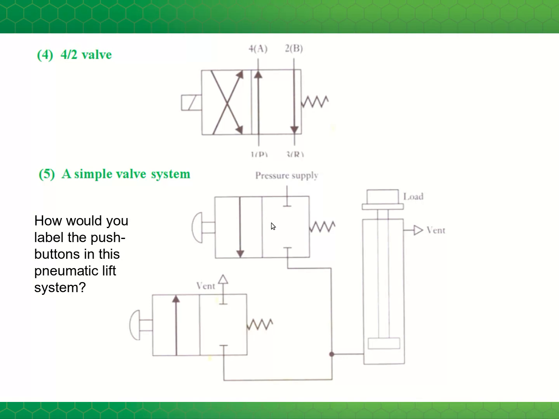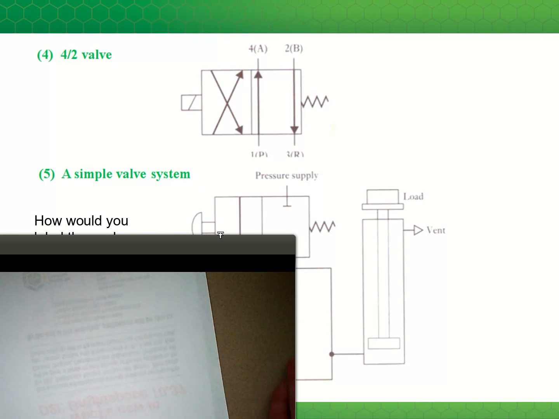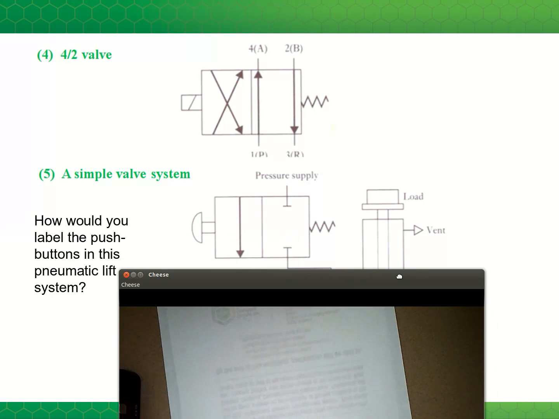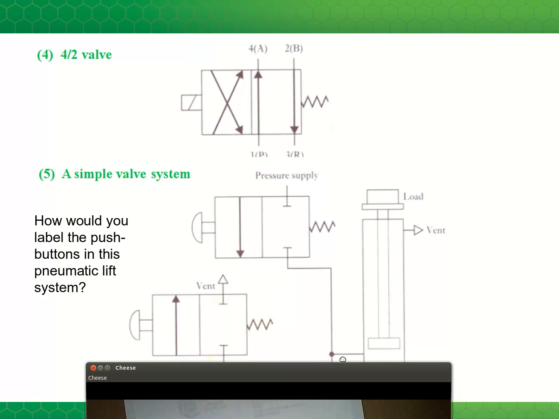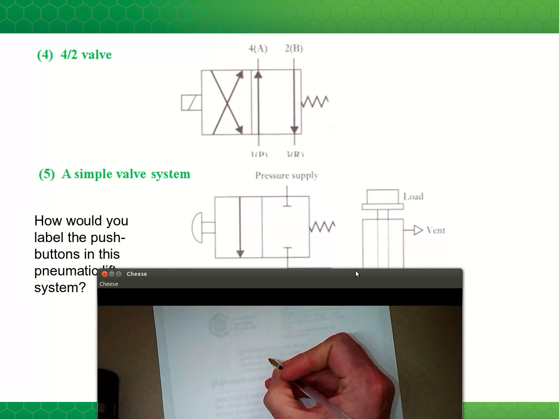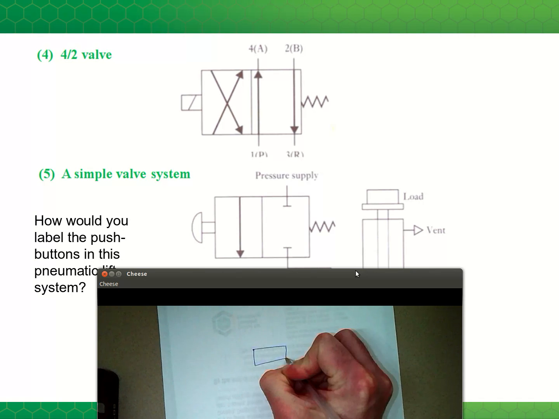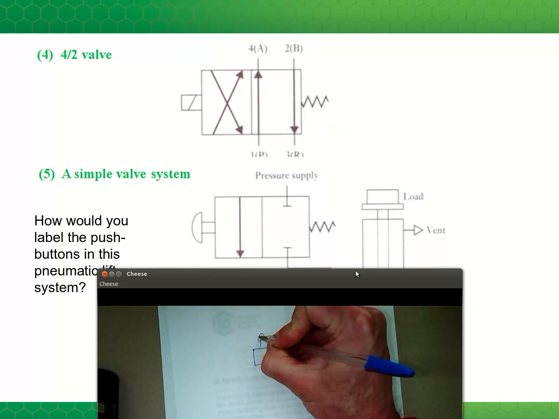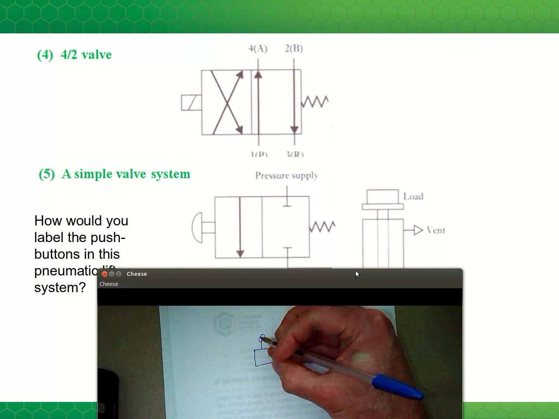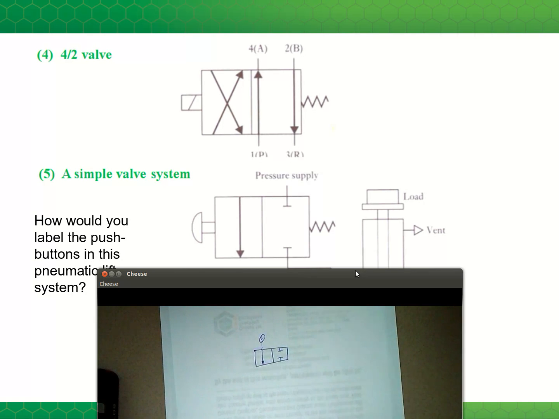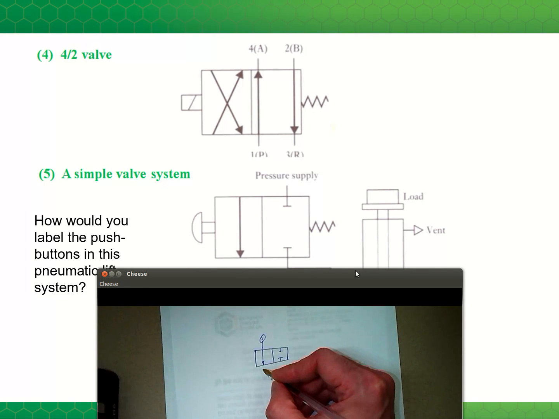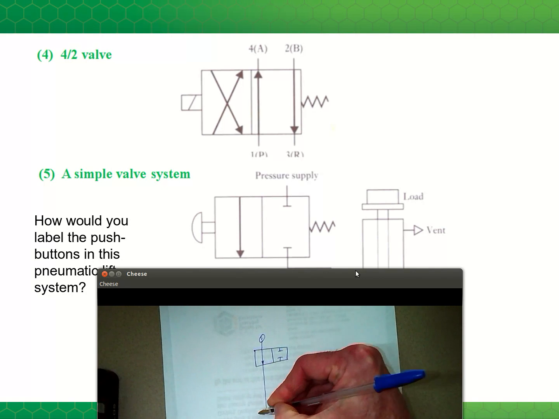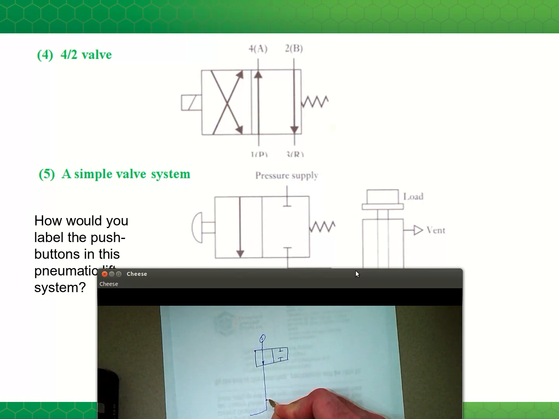So if we press this button there on the top valve, then we'll have supply pressure, which is commonly given the symbol of a circle with a dot, and fluid will flow in that direction as indicated in the valve diagram, and this goes to the cylinder.